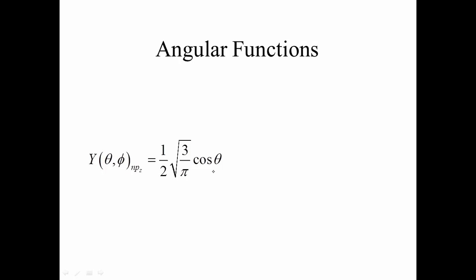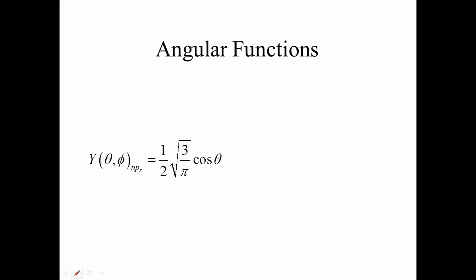What this tells us is that as phi goes from 0 to pi, then cosine phi will change as well. So we can plot that out.